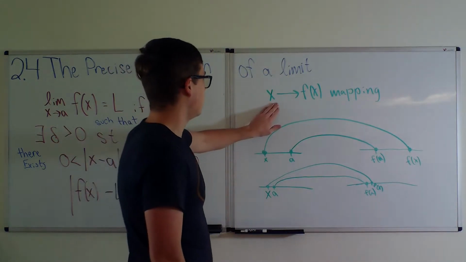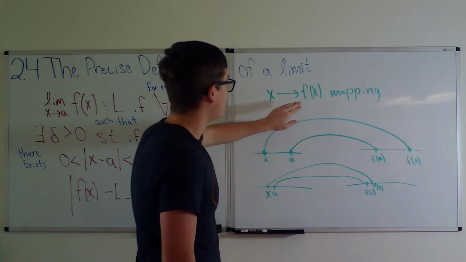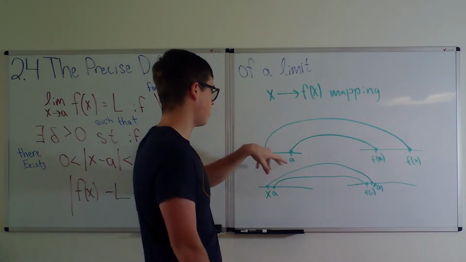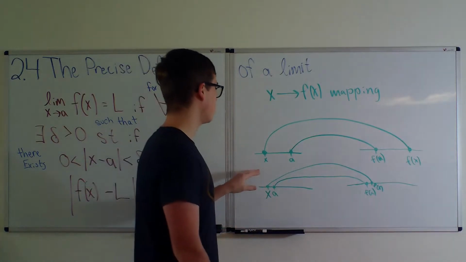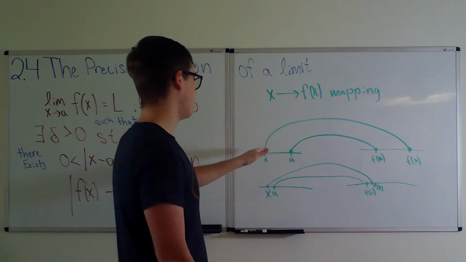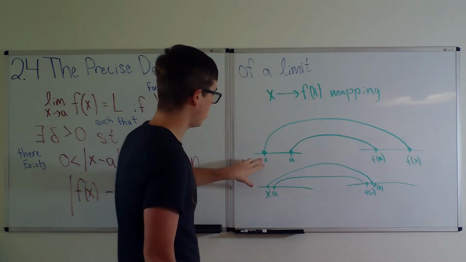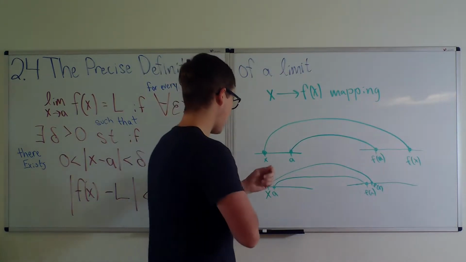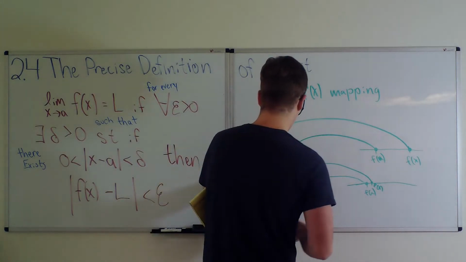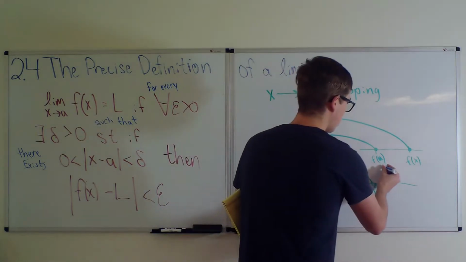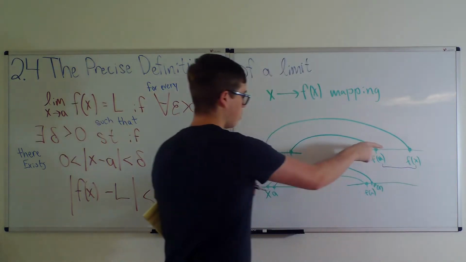As a mapping from x to f of x, it's nothing special, this is all just arbitrary, but you just have your line for x, and then your line for f of x, like two functions. So x is here, and then a is farther away. Then that maps f of a to f of x, right?